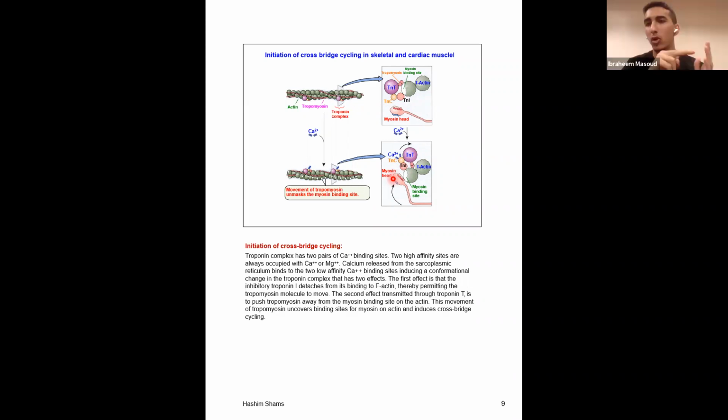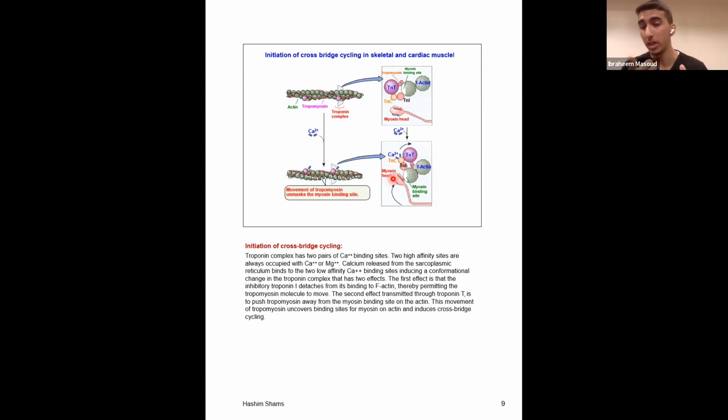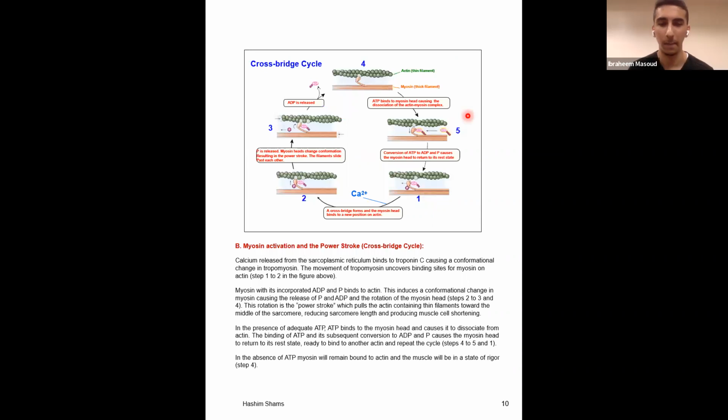After calcium binds to troponin C on the actin, troponin C will push the troponin inhibitor, which allows tropomyosin to move away from the actin filament, which will expose the binding sites to the myosin. Myosin here doesn't have to do really anything. I will tell you what myosin does in a second, on the next slide, how it binds exactly. Did I answer your question? Yes, that's got it. Great. Thank you.